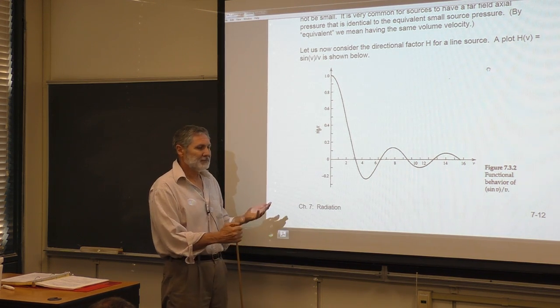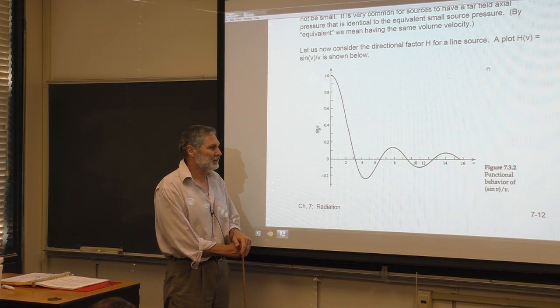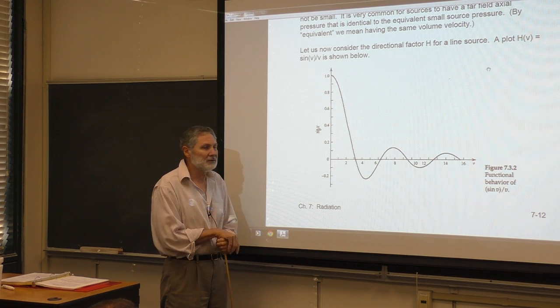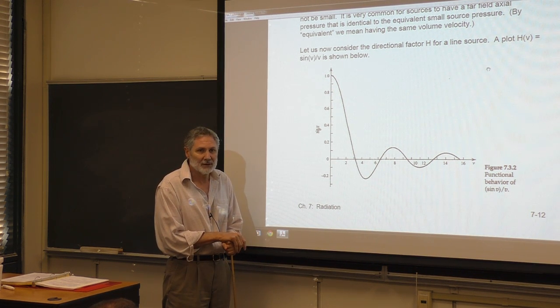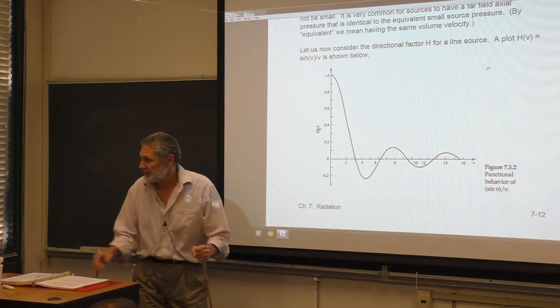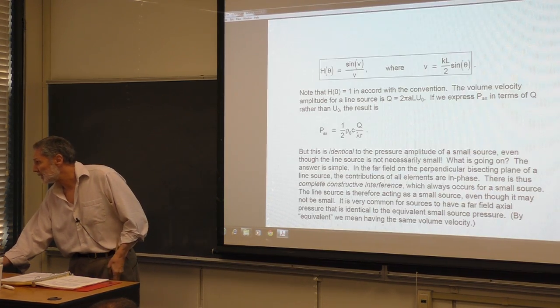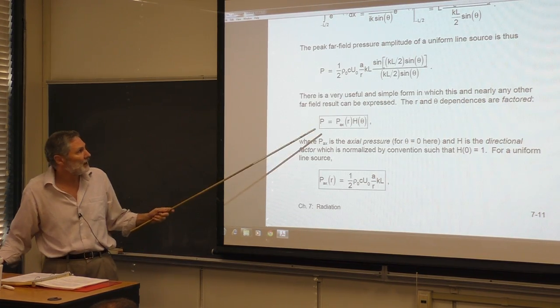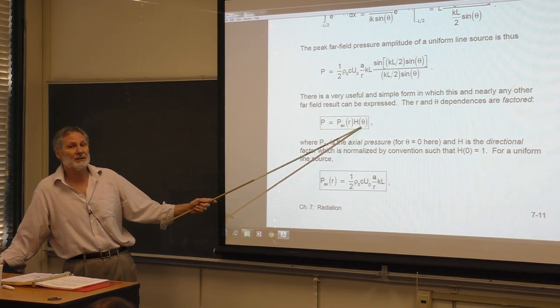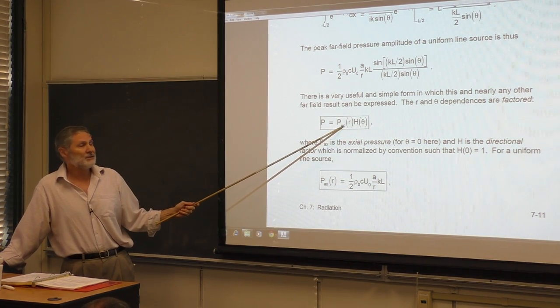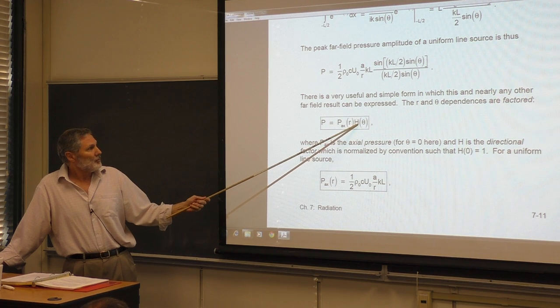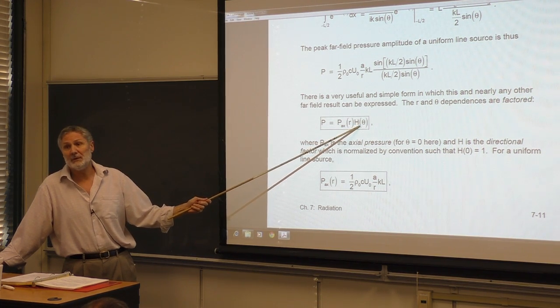And typically, what we do in acoustics to understand and characterize a field, we look for pressure nulls, okay? So where's the pressure going to be 0? Remember, the total pressure is the product of the axial pressure and the directional factor. So this can't be 0, but this can be 0. You can see it here.